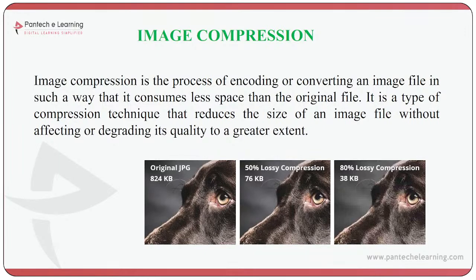Okay, so next one is image compression. Image compression is used to reduce the amount of data. The amount of data we use is a lot, so we are going to reduce that data while maintaining its visual quality. This is the original JPG image, and we reduce it while keeping visual quality.